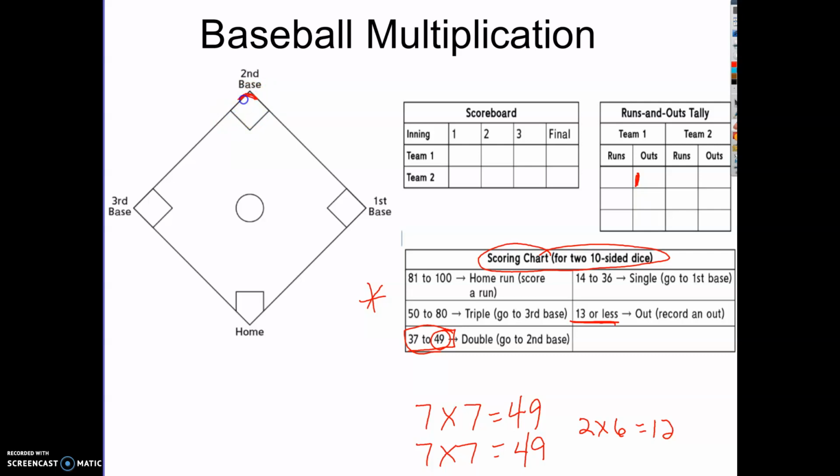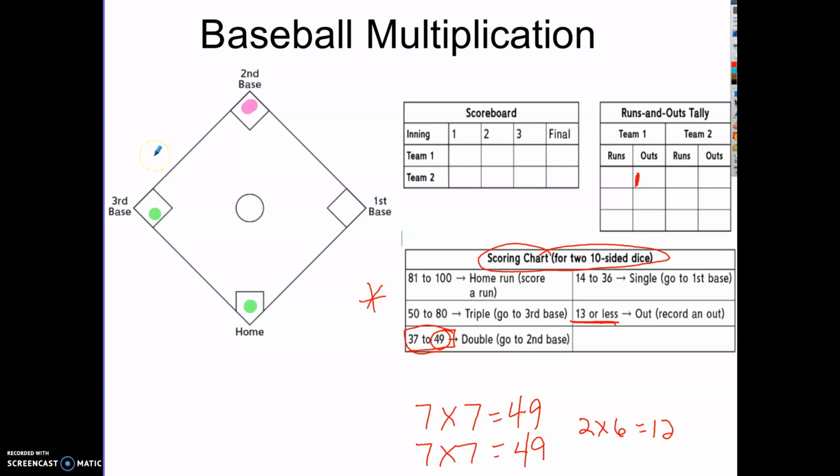So, and we're not throwing outs, by the way. We're just running around the bases. So that means that the person who is on second base gets to go 2 places. 1, 2. Now that person is home, and the person who had been the batter is now on second base.